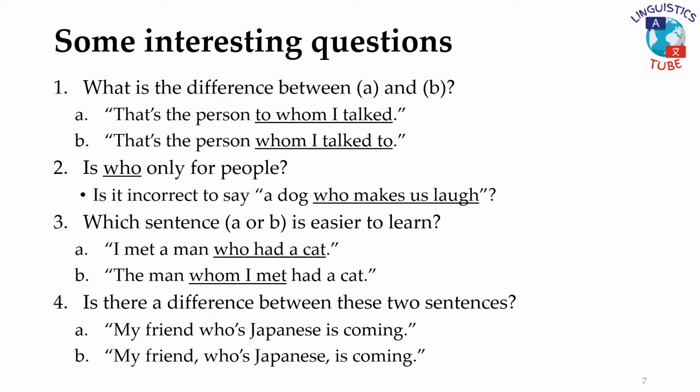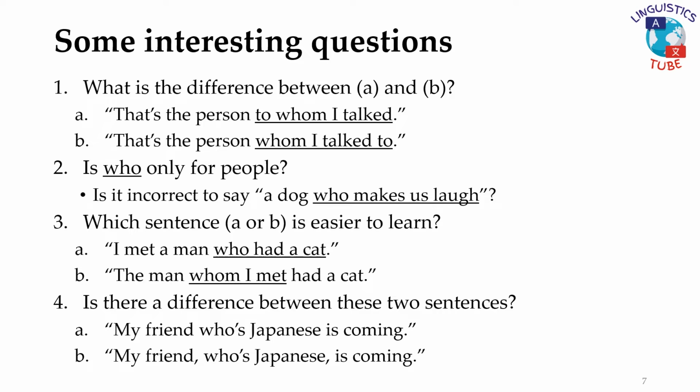Firstly, what's the difference between "that's the person to whom I talked" and "that's the person whom I talked to"? Secondly, is the word who only for people? Therefore, is it incorrect to say "a dog who makes us laugh" instead of "a dog which makes us laugh"?